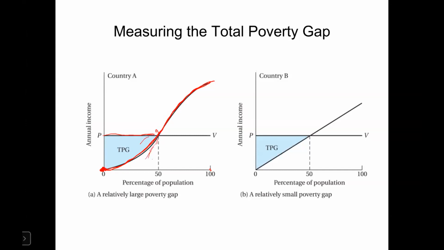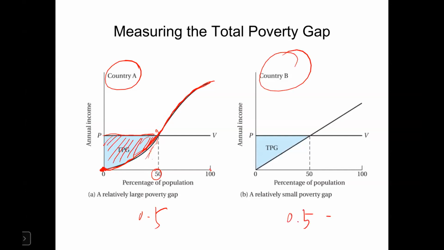The first measure we have is the head count, and it tells you 0.5, or 50%, are poor. But if we compare country A versus country B, both countries have the same head count, which is 50%. But certainly the poor in country A suffer more than in country B, because the poor in country A are poorer compared with country B.